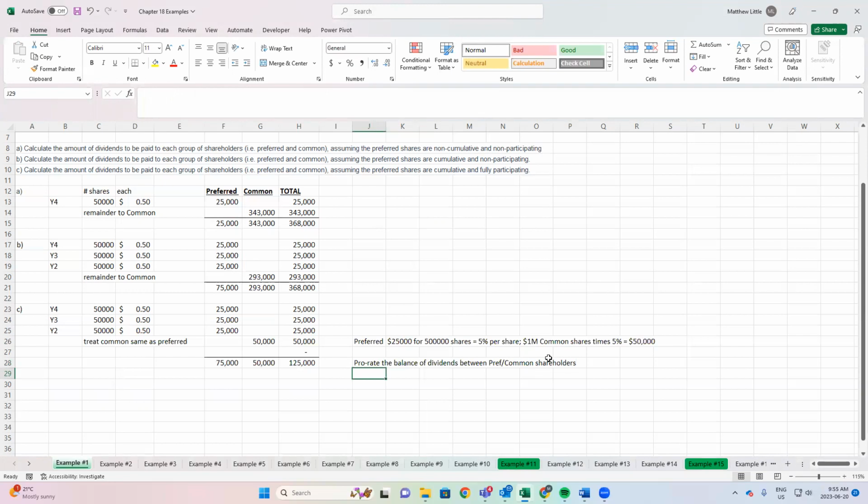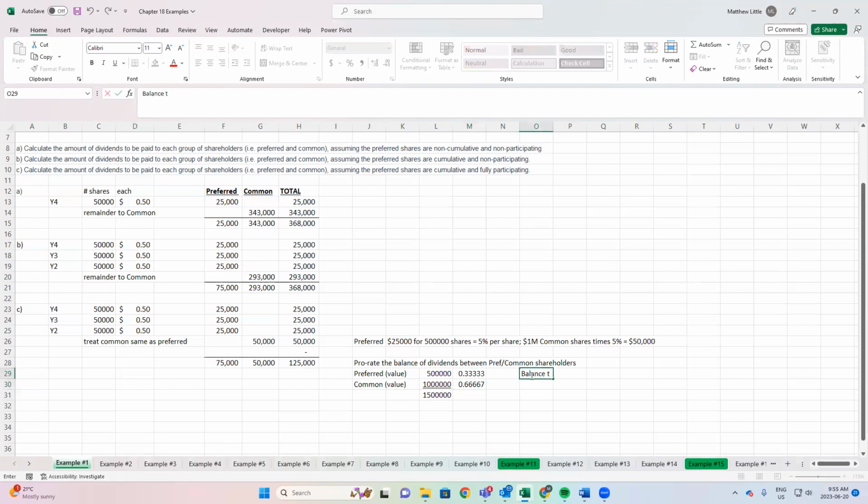So what we look at is the value of our preferred shares and the value of our common shares. We have $500,000 in preferred shares and $1 million in common shares. So the total value of our shares on our books is 1.5 million. If we take 500 out of the 1.5, we'll do 1/3 to the preferred shareholders and 2/3 to the common shareholders.